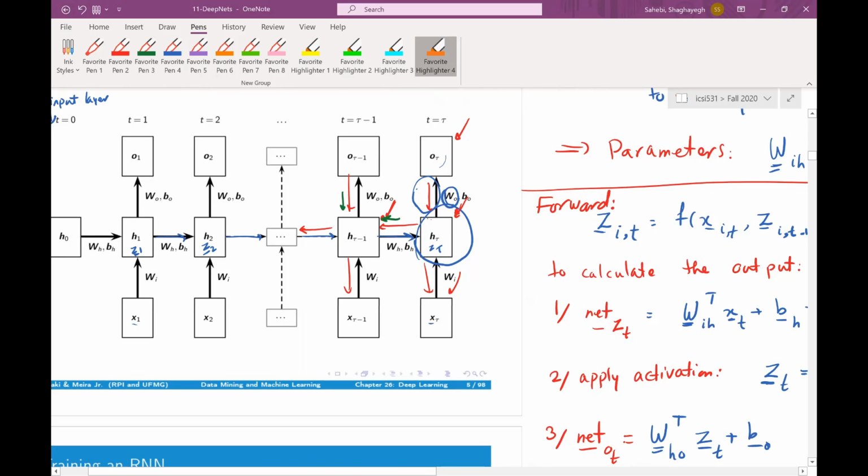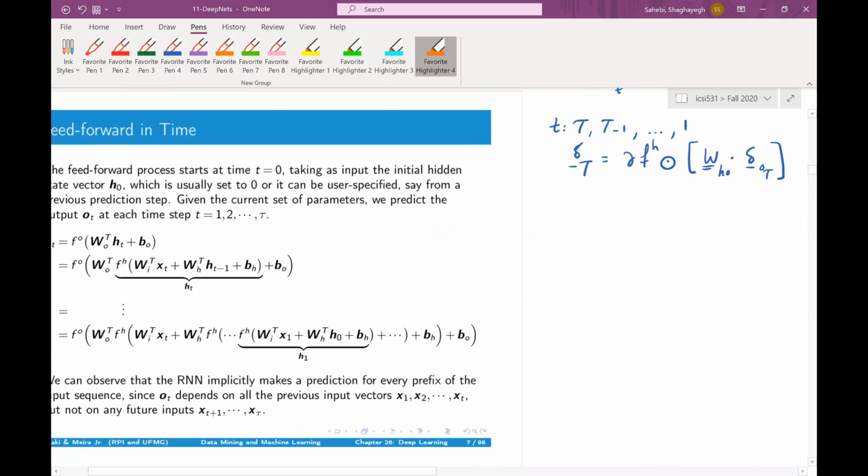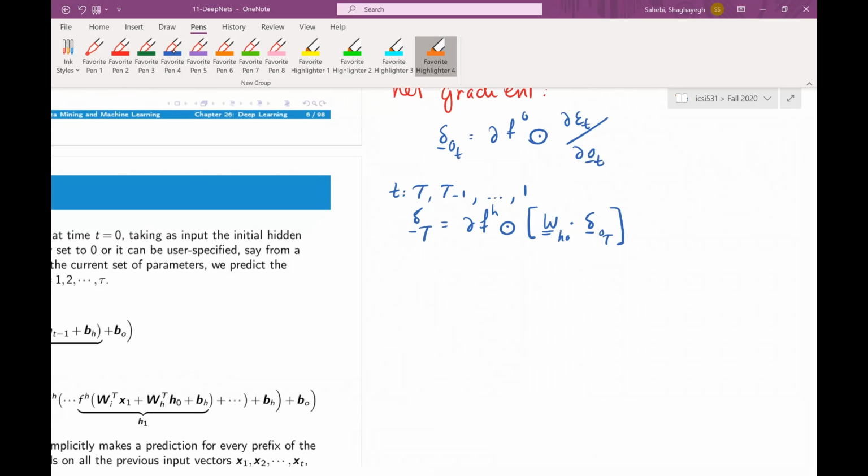So the net gradient for tau minus 1 is going to be the derivative of the activation function, element-wise product. First of all, the W_HO and then the net gradient of O tau minus 1.